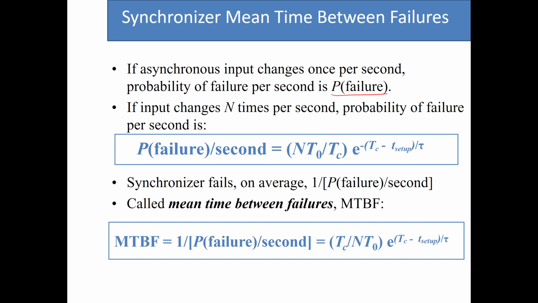However, if the input changes n times per second, which is usually the case for logic circuits, because we usually work with high frequency clocks and we have so many inputs that are changing all the time, the probability of failure per second is going to be n times the probability of failure.